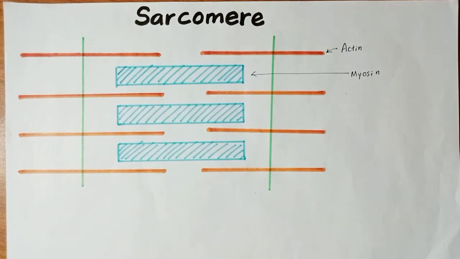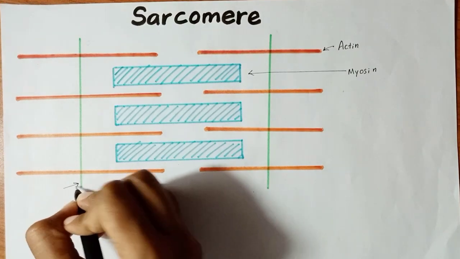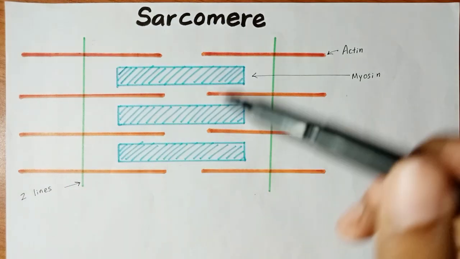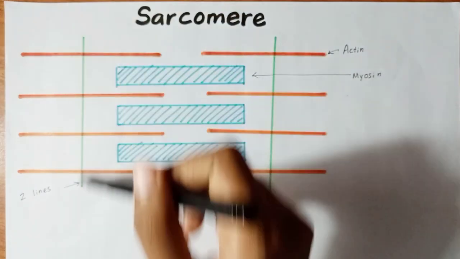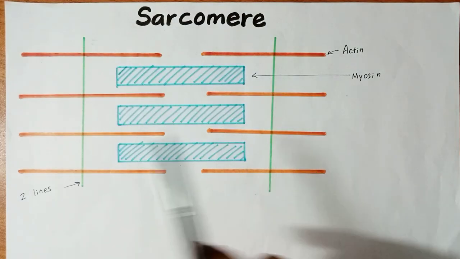First, we will talk about the lines in this sarcomere. These green color lines are known as Z lines. They anchor the thin filaments and they are the boundaries of each sarcomere.